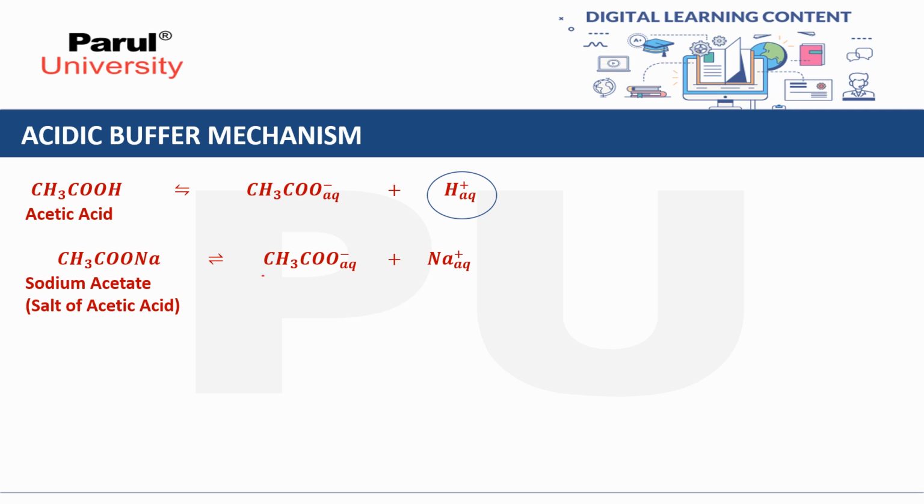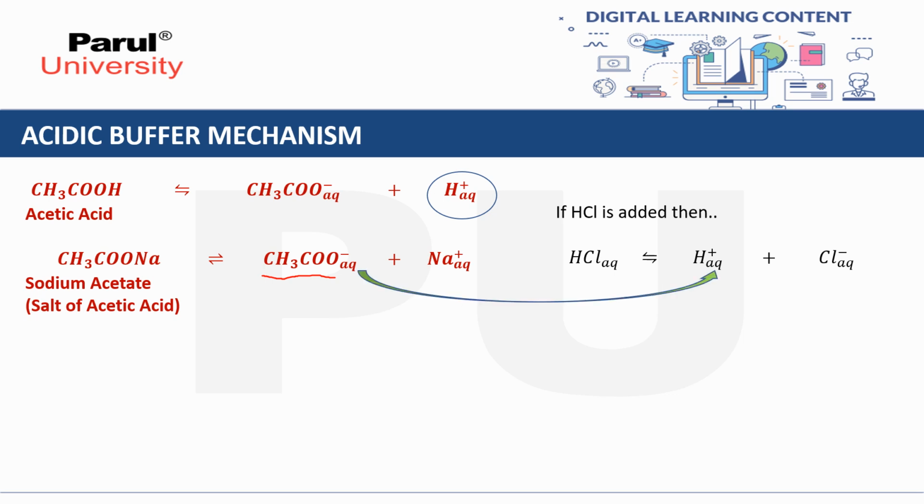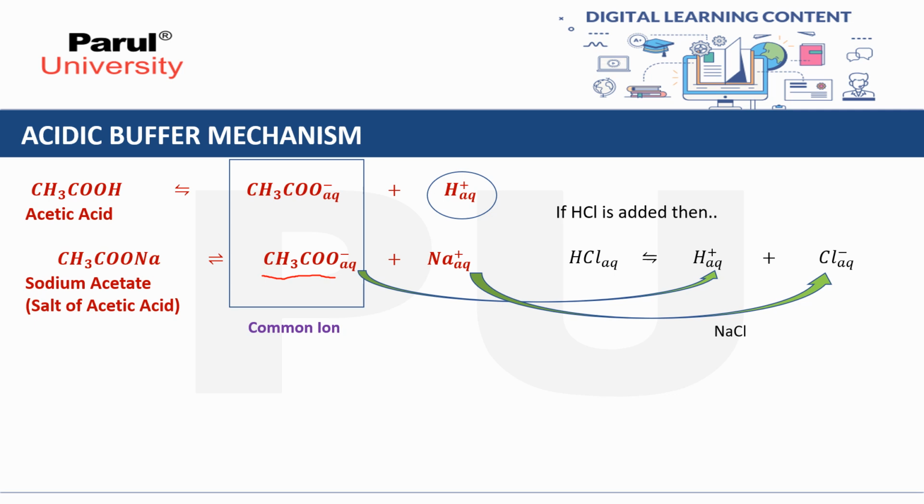This salt will also get ionized into CH3COO minus and Na plus ion. Now if HCl is added, then HCl is also ionized into H plus and Cl minus ion. So this H plus ion will react with the common ion, that is the acetate ion, and the sodium ion will react with the chloride ion.